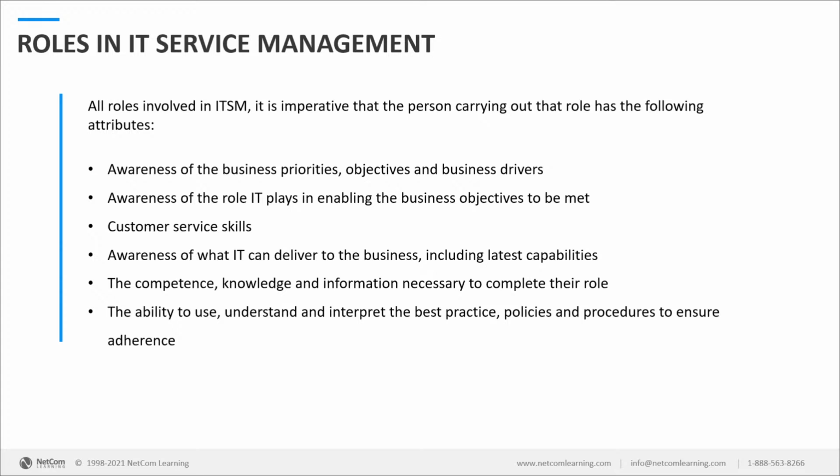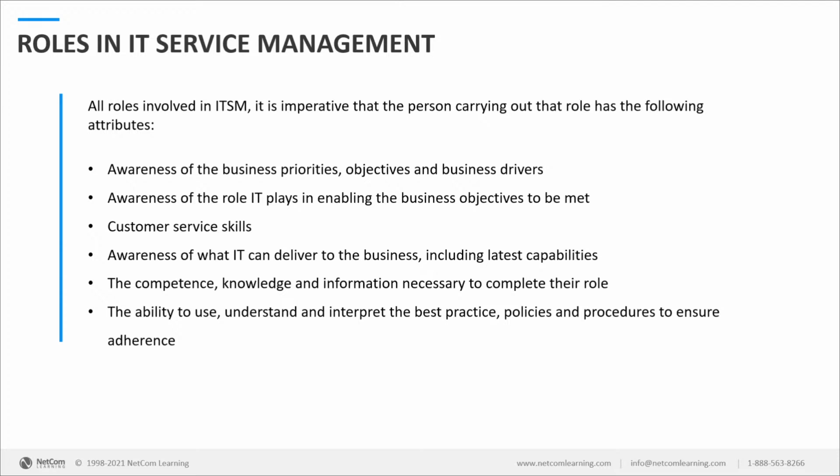Awareness of the role IT plays in enabling the business objective, or how IT can contribute in achieving the business objective. Need to have customer service skills, need to understand or be aware of what IT can deliver to the business.